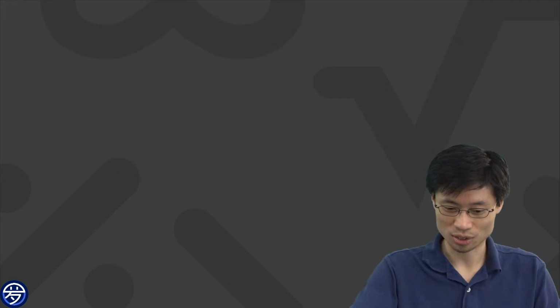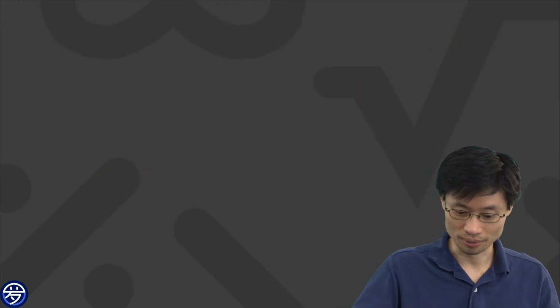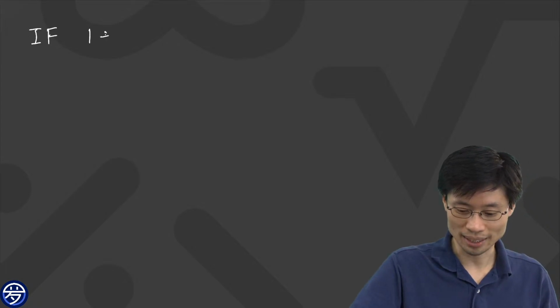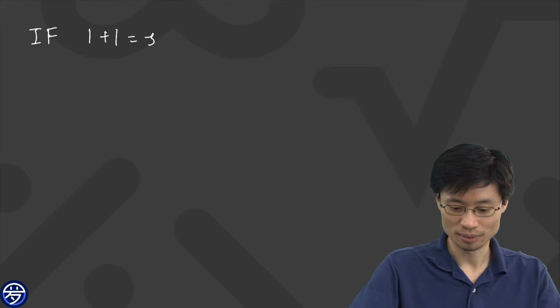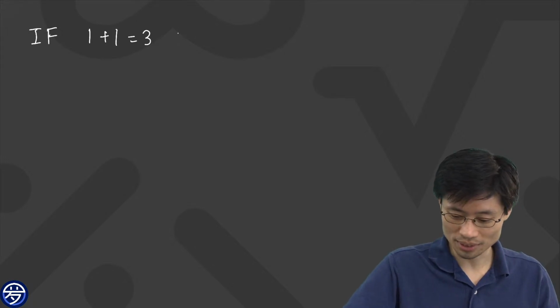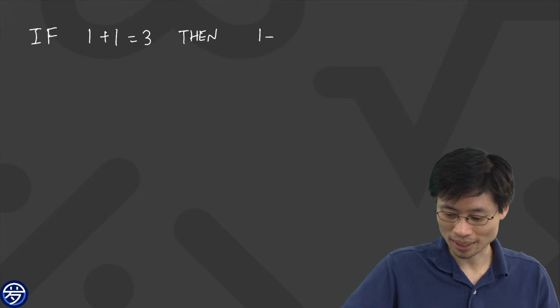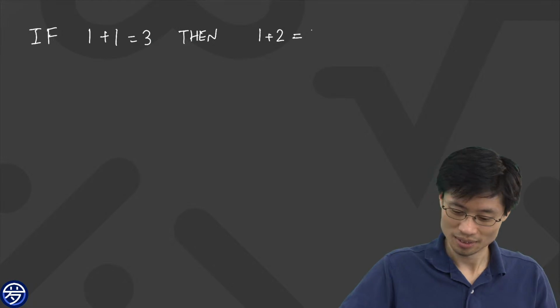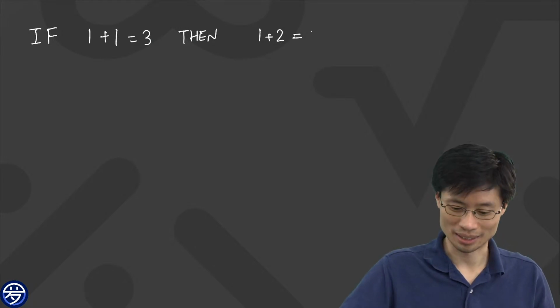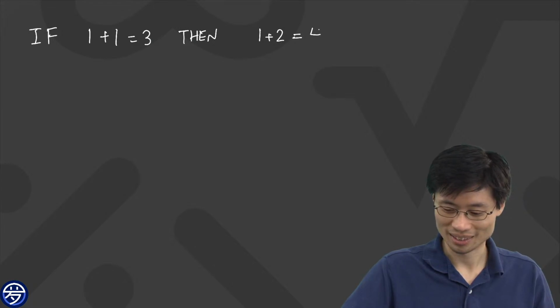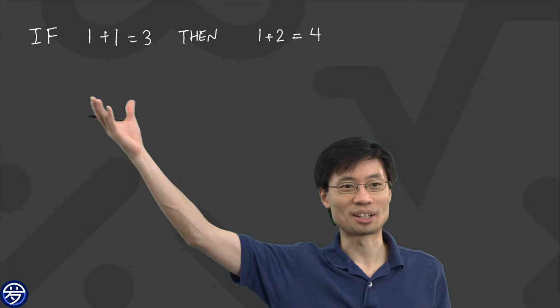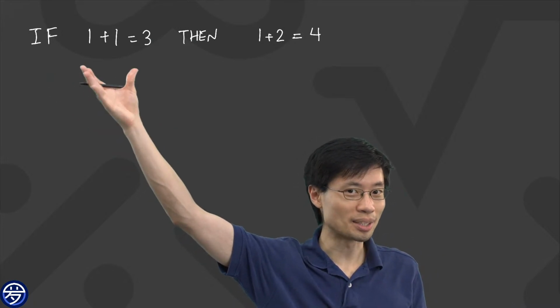I mean, here's something that's true. Did you know that if 1 plus 1 equals 3, then 1 plus 2 is equal to, what is that equal to? I don't know. It's really confusing. 4. So what I just wrote is, if something, but the something was false.